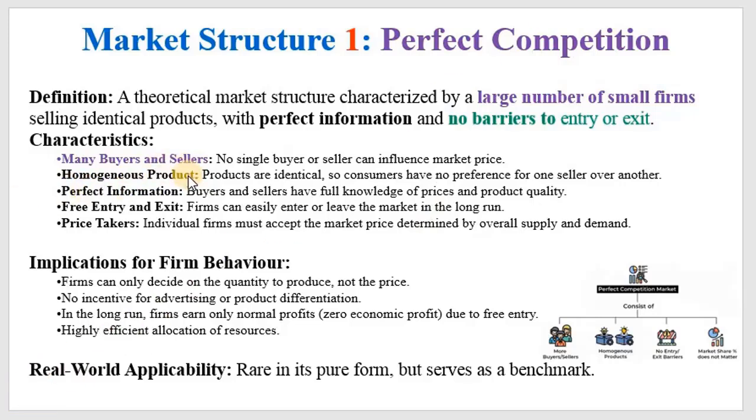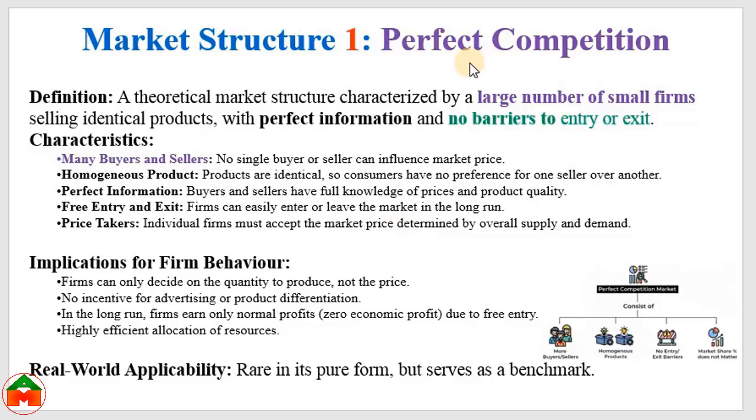There will be homogeneous products sold by a large number of firms. There will be perfect information for the buyers and sellers. There will be free entry and exit, and the individual firms will simply accept the price that is determined by supply and demand.